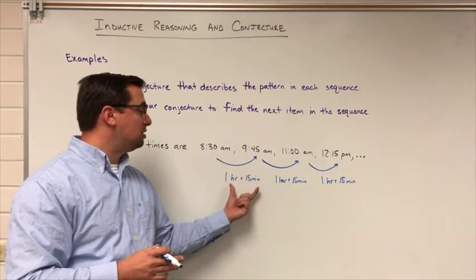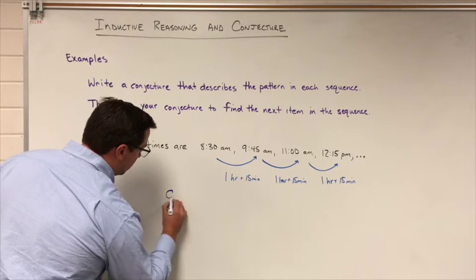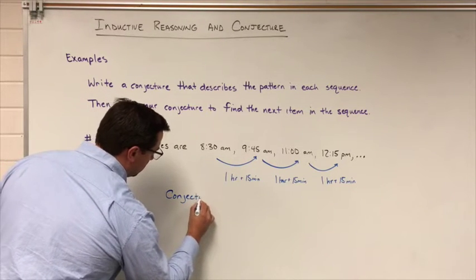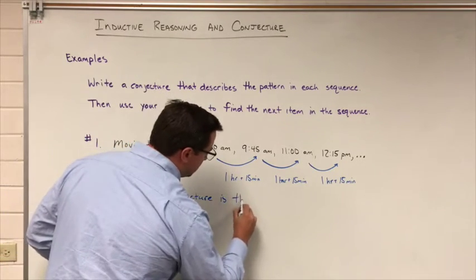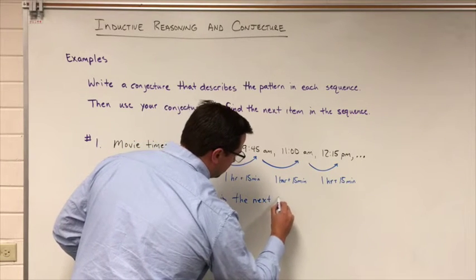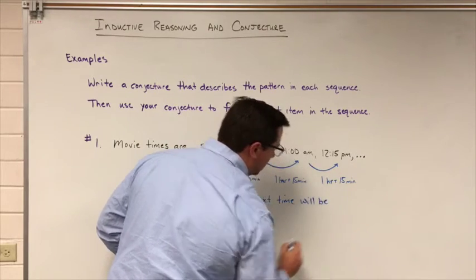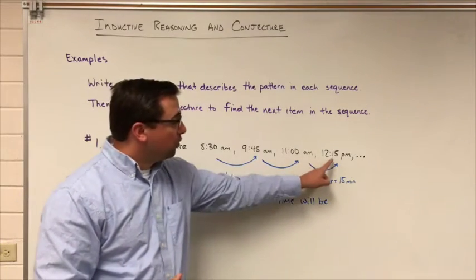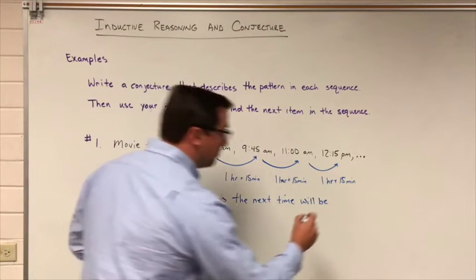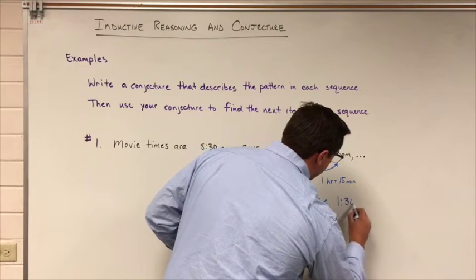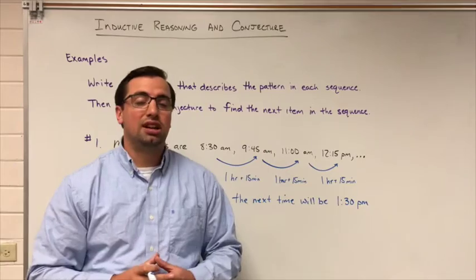Because each new showtime starts an hour and 15 minutes later, our conjecture, which I will write here, our conjecture is the next movie time will be, I almost feel like we need a drum roll here, but if we add an hour and 15 minutes to 12:15 p.m., we will come up with the time of 1:30 p.m. This is how we use inductive reasoning.